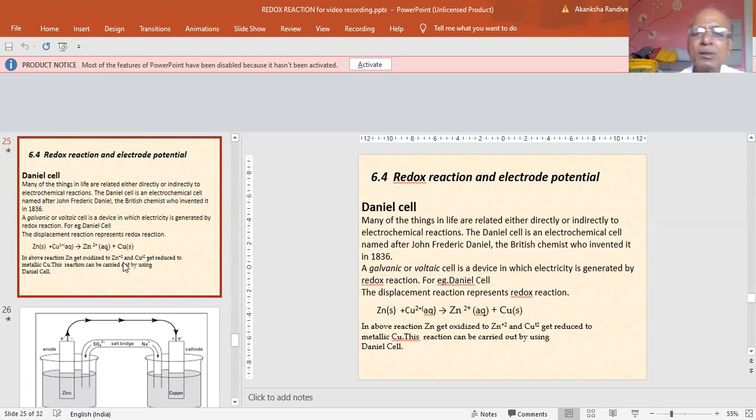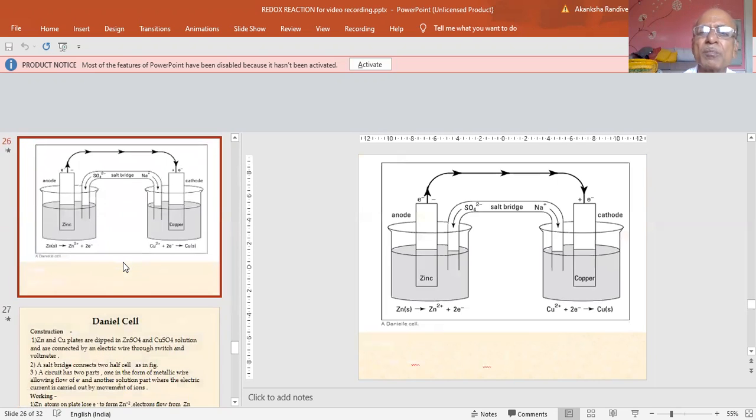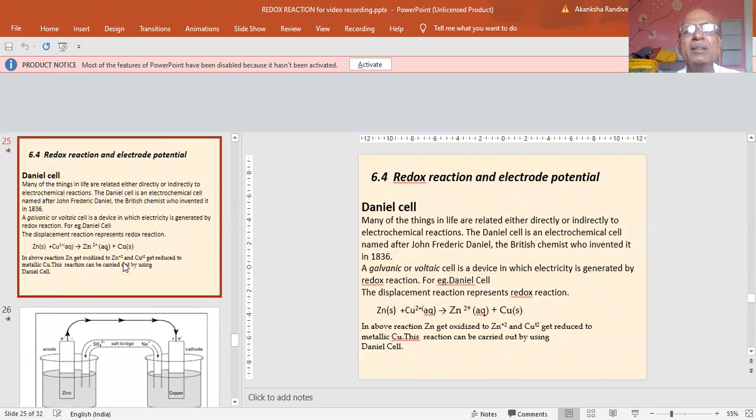Now the next point is to study the redox reaction and electrode potential. To study this, let us consider the Daniell cell. Many of these things in life are related either directly or indirectly to electrochemical reactions.